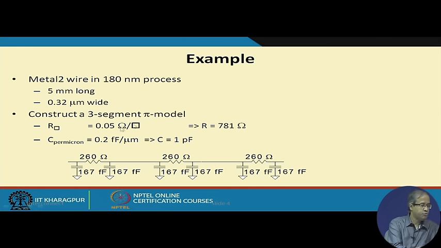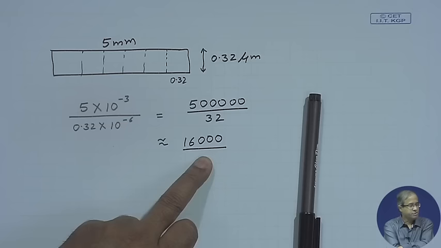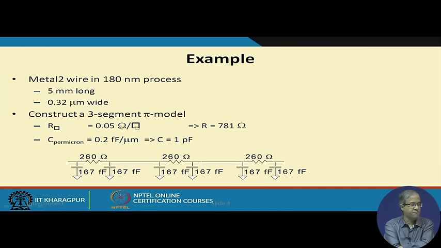If you consider that for a metal 2 wire, the value of R box is 0.05 ohm per box, and the number of boxes you have already estimated as approximately 16,000, then if you multiply 0.05 by 16,000, the total resistance comes to about 781 ohms. So, this is how you calculate the resistance.